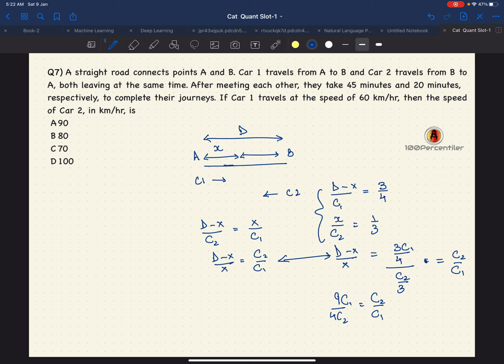And we therefore get C2 equal to 3 upon 2 C1, which is 1.5 times the speed of C1, which is given to be 60. So 1.5 into 60 becomes 90. So 90 is the required answer here.